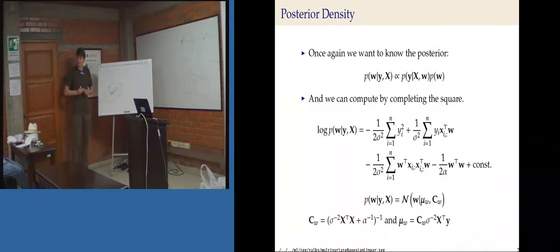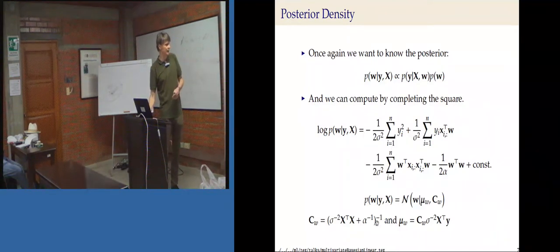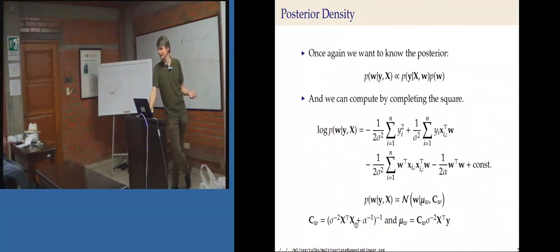As n goes to infinity, you become totally confident about the posterior. With infinite data, this covariance approaches 0, because this sum increases with n and then this is inverted. So you get a point estimate, just like we had in maximum likelihood, centered on the mean.